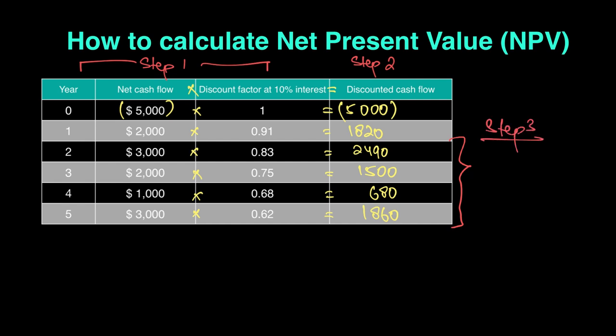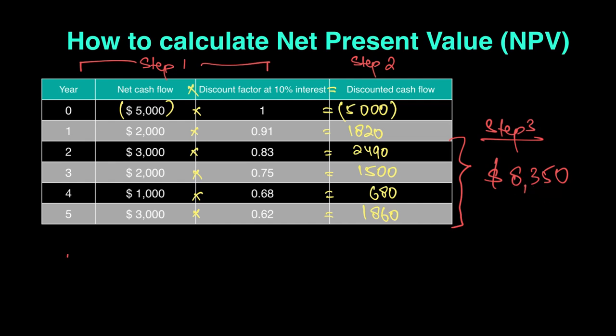When I add these numbers up, it gives me a total of 8,350. So this is what we've earned across these 5 years from this investment, taking into consideration that the value of money will go down by 10%.